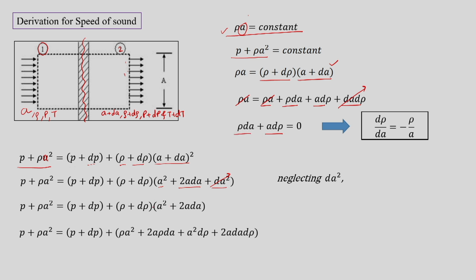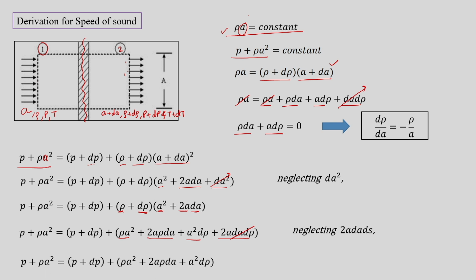Further, let us multiply these two brackets: we have rho A square, then twice A rho dA, then d rho A square, and then d rho into dA into twice A. So these are the 4 terms. Further, the higher order term dA d rho will be neglected here, and we get the same expression without the term dA d rho.